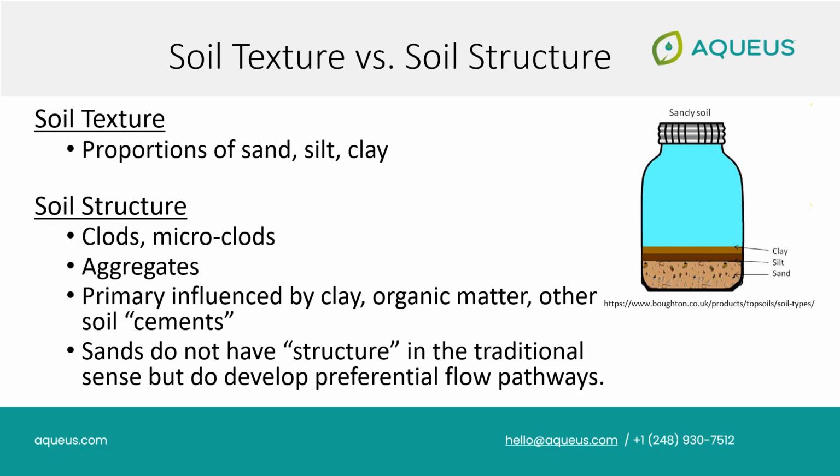So it's not a pore in a traditional sense, but from that distribution you can develop preferential flow pathways. So it mimics some of the characteristics of structure in terms of how water flows through sections of the sand versus the sections in between where you have preferential flow paths.